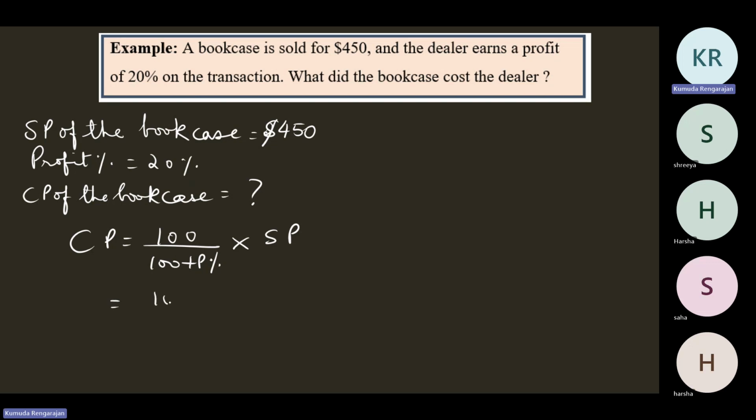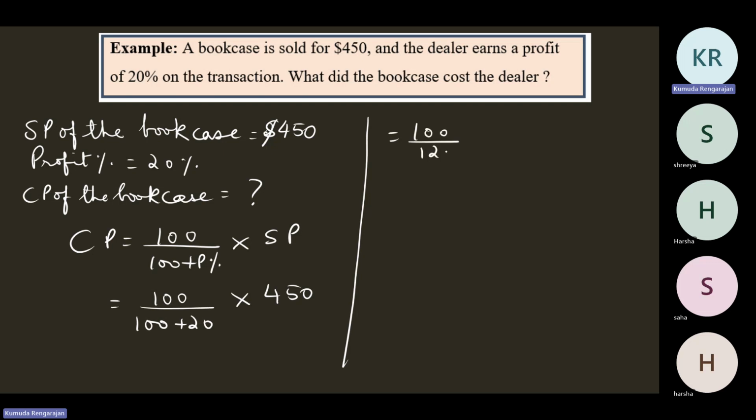Substitute. So 100 by 100 plus 20 into 450. You cannot cancel 100 and 100. You need to add 100 plus 20 is 120. 100 by 120 into 450.